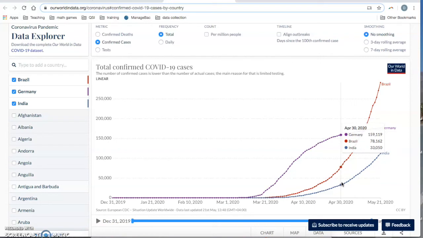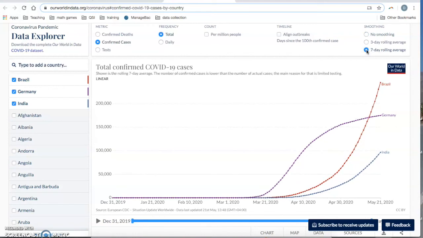Another thing you can do to make these graphs a little bit more clear is what's called a 7-day rolling average. You'll notice that there are some bumps up and some bumps down in this graph, so it's not perfectly smooth. It doesn't look as much like an exponential function as you might want. So the 7-day rolling average averages out 1 week at a time.